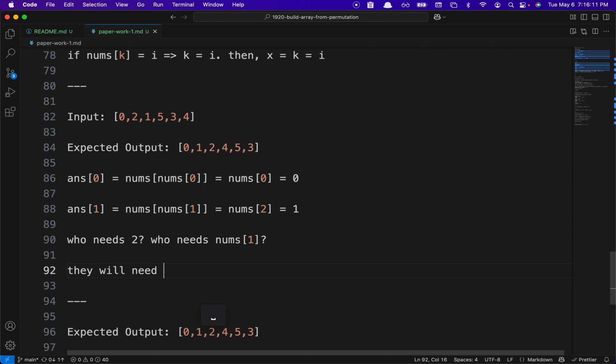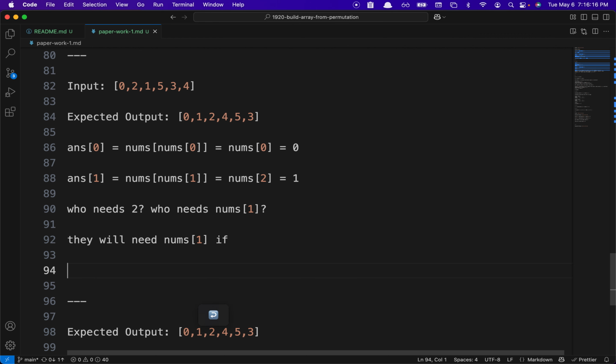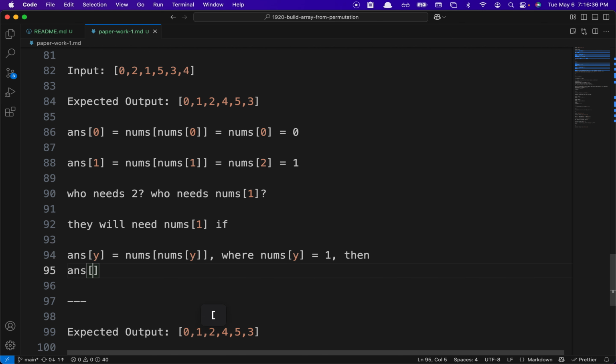They need nums of 1 if answer of y is equal to nums of y, where nums of y equals 1. So then answer of y equals nums of 1, which equals 2.